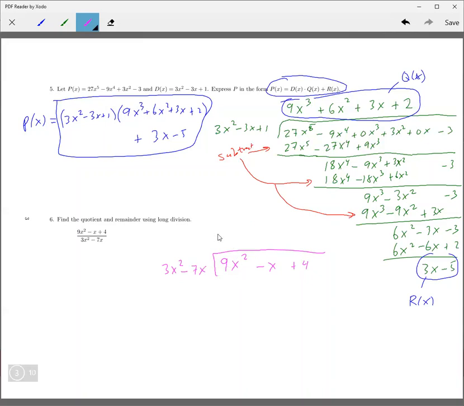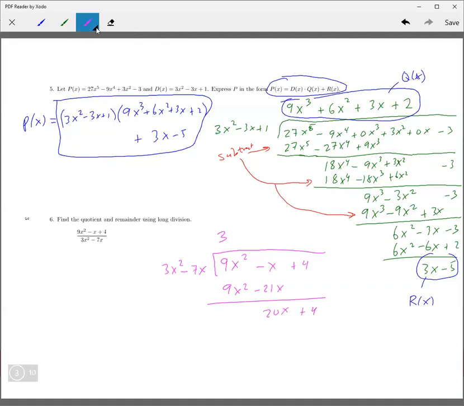Okay, so this is going to be 3 times, because 3 times 3 is 9. And then this is x squared already, so it's just 9x squared. And this time this is minus 21x. Subtracting, and we get 20x, and this is plus 4.